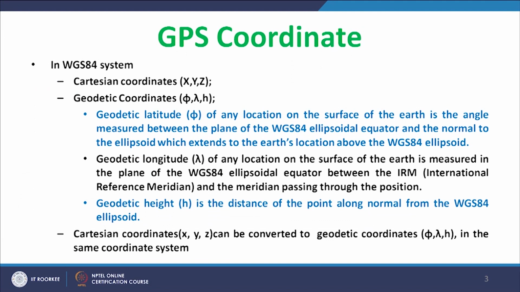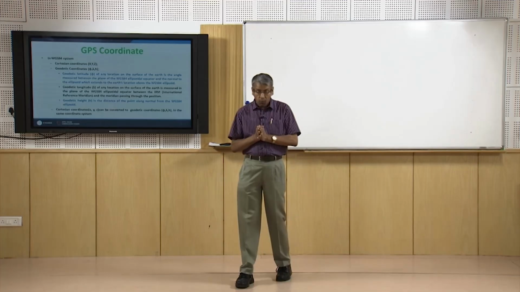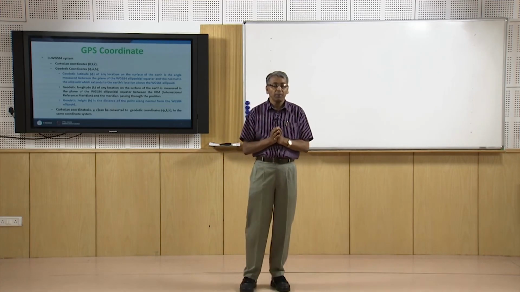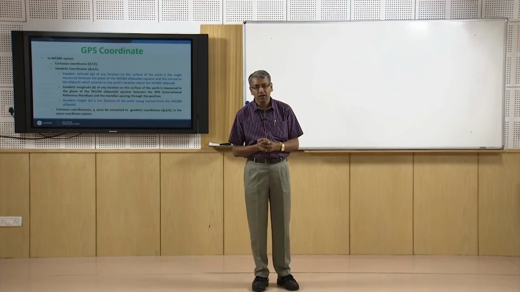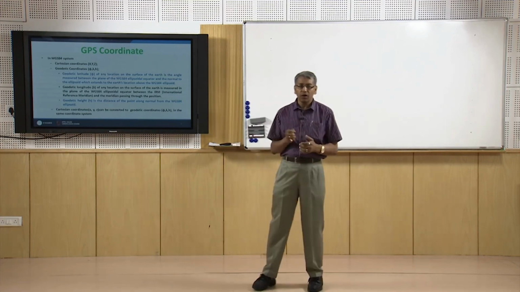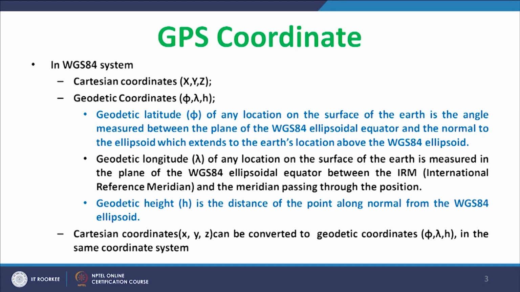Now GPS coordinate, actually whenever we go for measurement of any position using the GPS system, it provides us the position in 3-dimensional coordinate, and the coordinate may be of two types. One is Cartesian coordinates, another is geodetic coordinate.